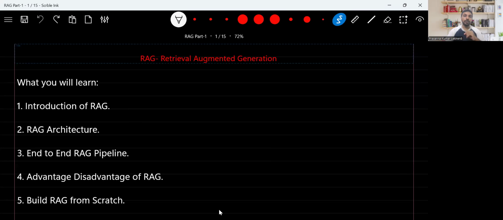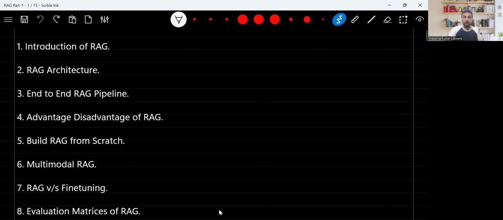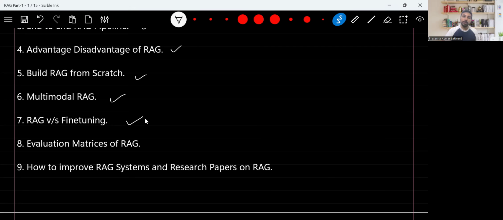So today we will cover the introduction of RAG and the RAG architectures, the end-to-end RAG pipeline, advantages and disadvantages of RAG, building the RAG from scratch, what a multi-dimensional or multi-modal RAG is, the difference between RAG and fine-tuning, the evaluation metrics of RAG, how to improve RAG systems, and the available research papers on RAG.